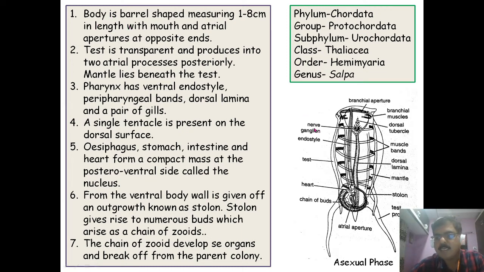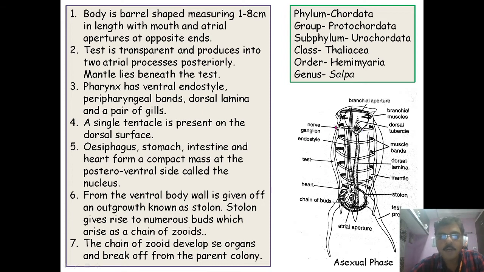The body of the Salpa is barrel shaped, measuring 1 to 8 cm in length, with mouth and atrial aperture at the opposite ends. This is the atrial aperture, this is the branchial aperture, that is the mouth. Mouth and the atrial aperture, where the anus opens, are lying opposite to each other.